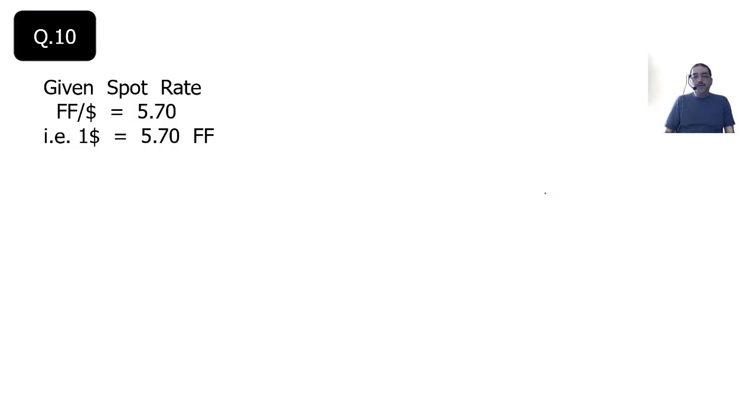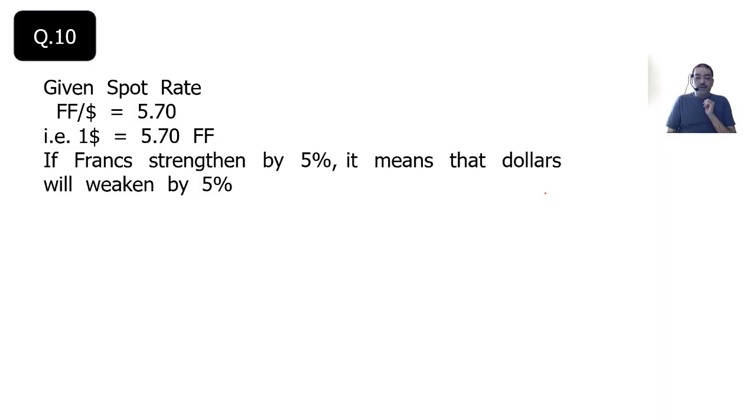Okay. Now the first case was French francs strengthened by 5%. That means dollars will weaken by 5%. So write down: if francs strengthen by 5%, it means that dollars will weaken by 5%.